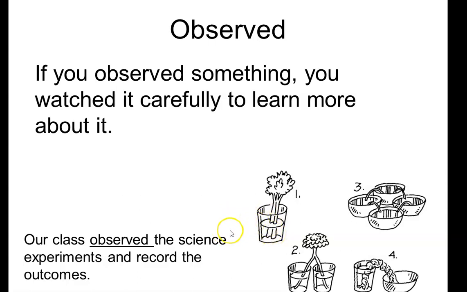And so we wanted to see how rocks, and we could look down here where we could say that this had water with chalk and this had the vinegar with the chalk, and we could see that the chalk that was in the acid rain, which would be the rock in acid rain, we could see that there was erosion. And so we observed, we looked at it carefully. We observed the science experiment.